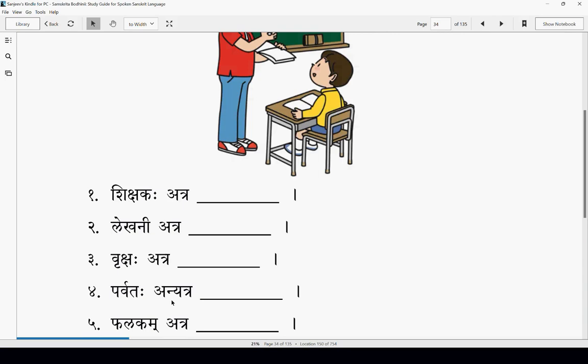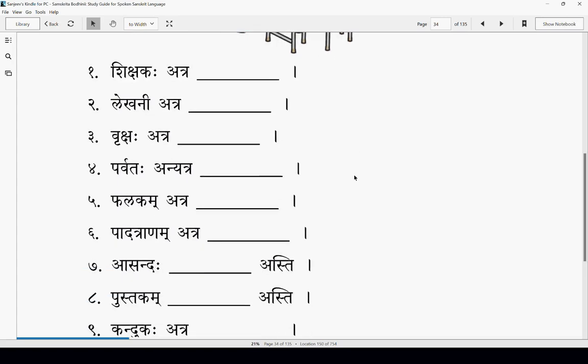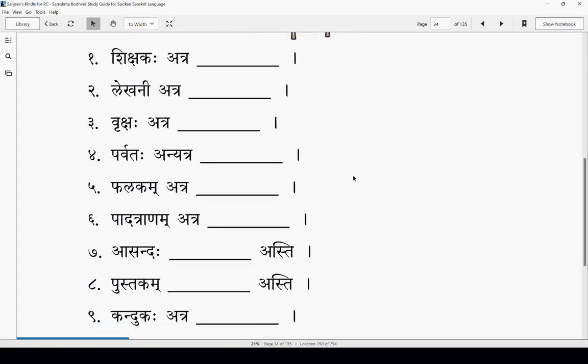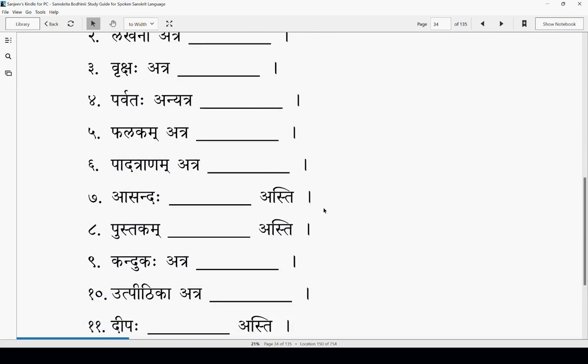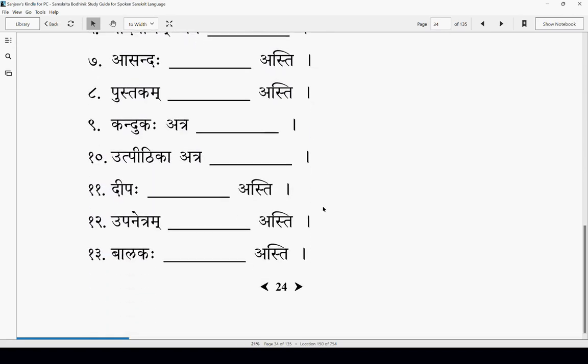Nasti. Anyatra asti. Anyatra is somewhere, not in this picture. Okay, so you can complete this later.